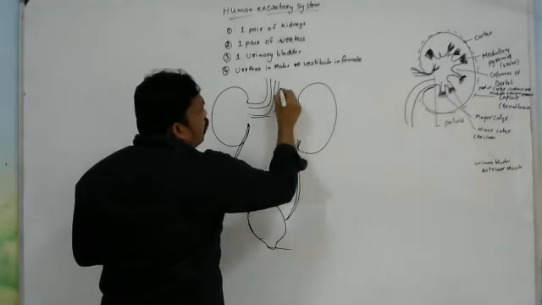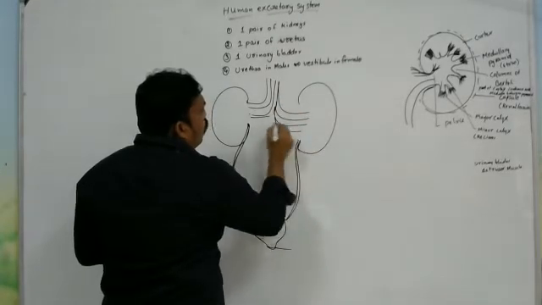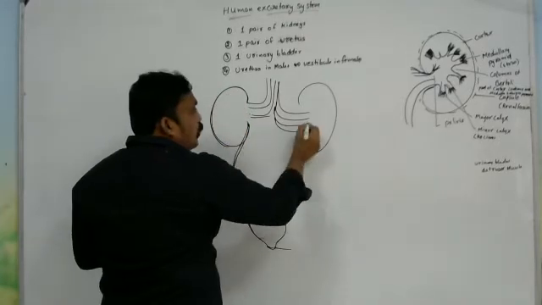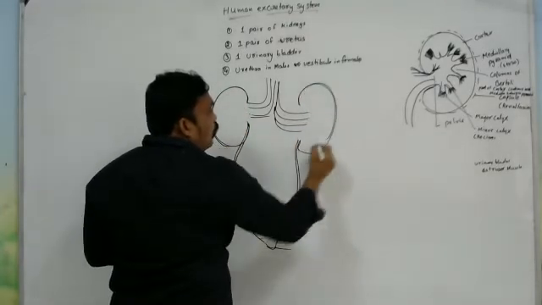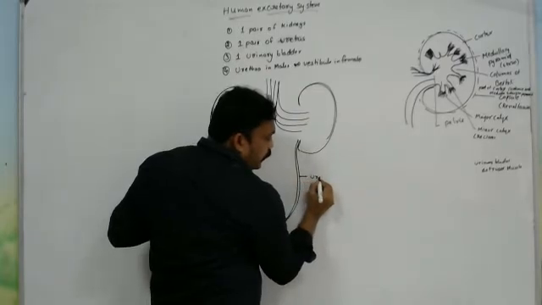One pair of kidneys, and the second one is the ureters. First of all, we have to discuss the ureter.